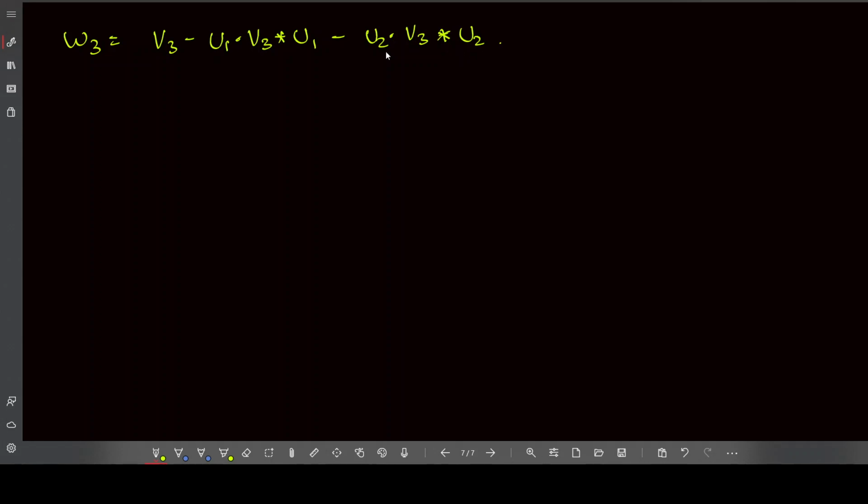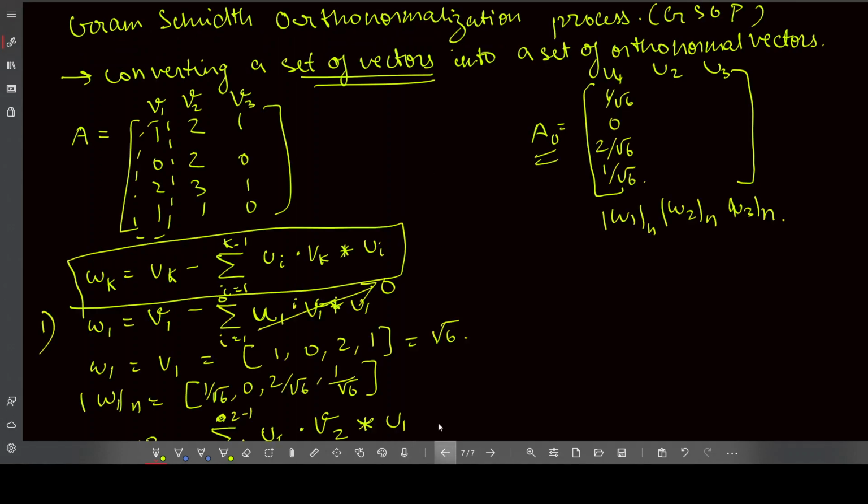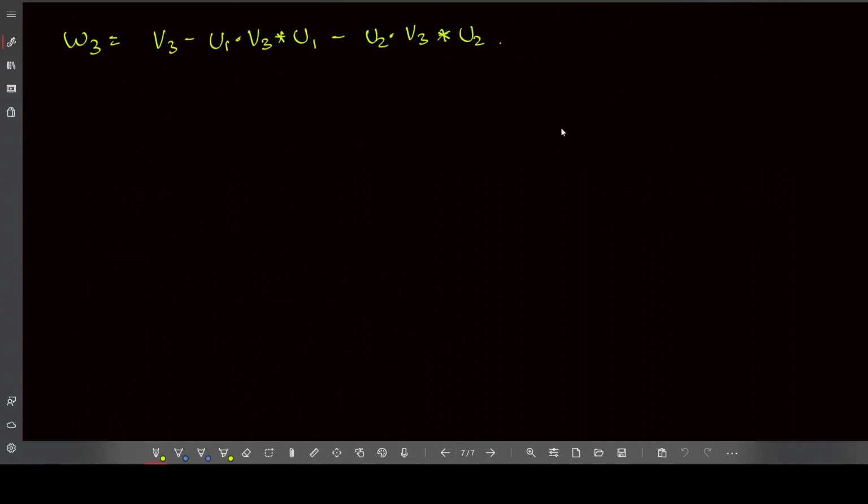Okay, you have u1 and u2 from the vectors that you found. v3 is your v3 over here. This is your v3, and now you have to solve this.